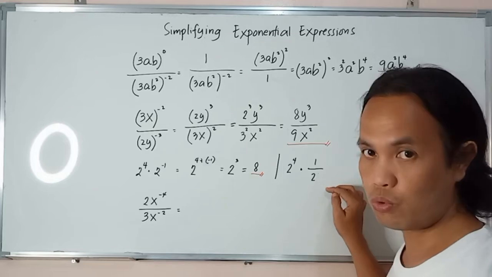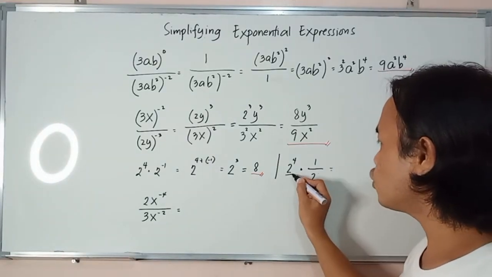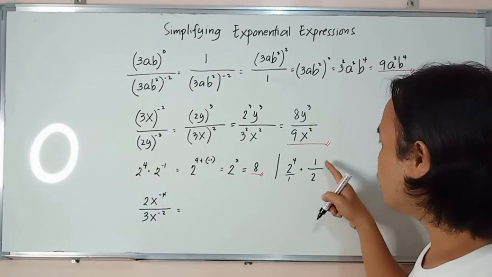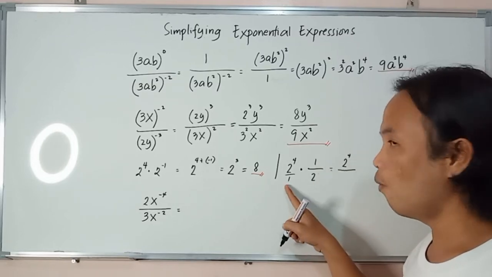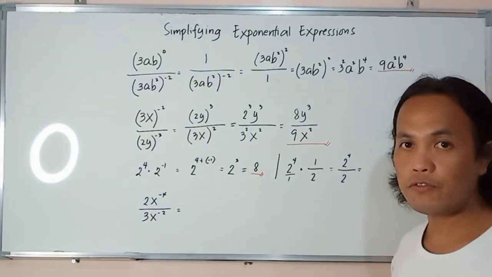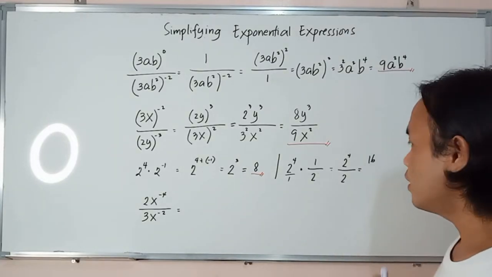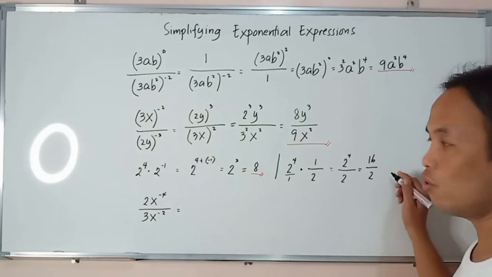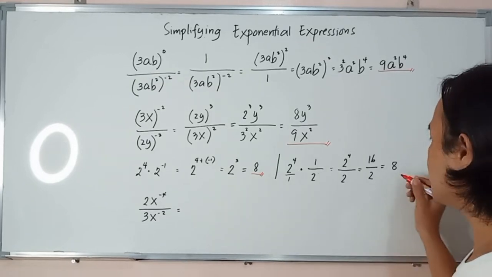This time, since this is multiplication, we can multiply. This is assumed to have denominator 1. So that is 2 raised to 4 times 1, that is 2 raised to 4, over 1 times 2, that is 2. Then 2 raised to 4 is 16. That means 2 times 2 times 2 times 2. Then over 2. Then 16 divided by 2 is just equal to 8. So we still got the same value, 8.